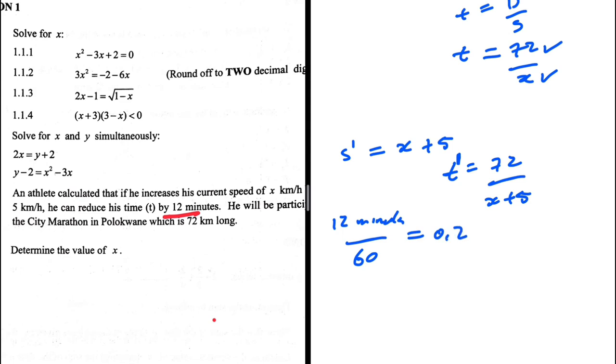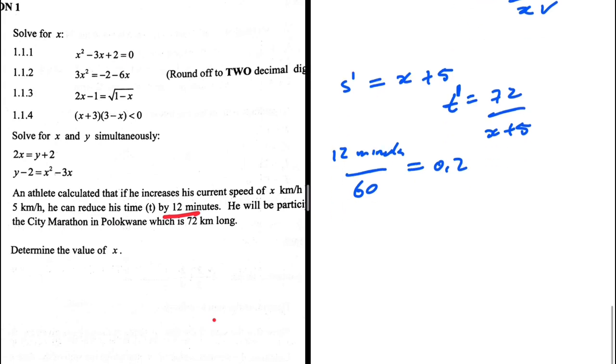So we decrease the time taken by 0.2 hours when we increase the speed by 5 kilometers per hour. So t, the initial time when the speed is x, minus t prime when we increase the speed by 5 kilometers per hour should give us 0.2 hours. Okay, because we reduce the time by that much. So what is t? 0.2. Okay, I'm trying to write here, facing an issue.